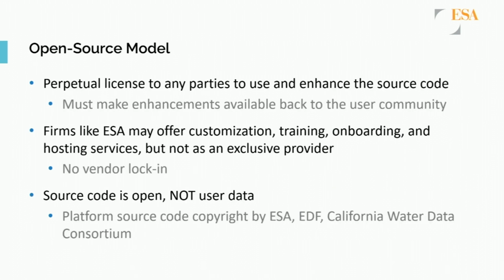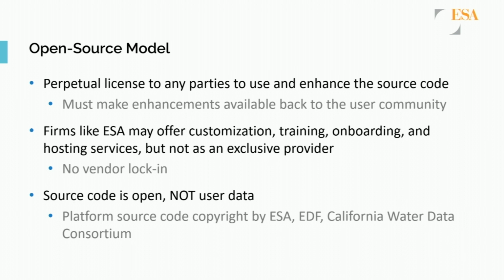Part of the platform's objective is to build a framework that is open for all to use and not tied to a single entity. So we leverage an open source approach to accomplish this. Some of the key highlights are listed here. For the technical folks here, we use the AGPL version 3 open source license.